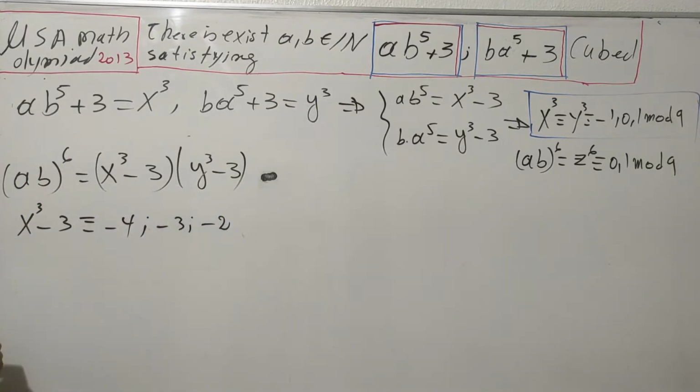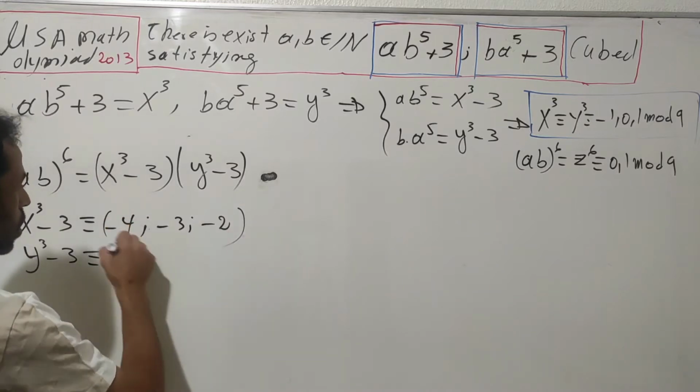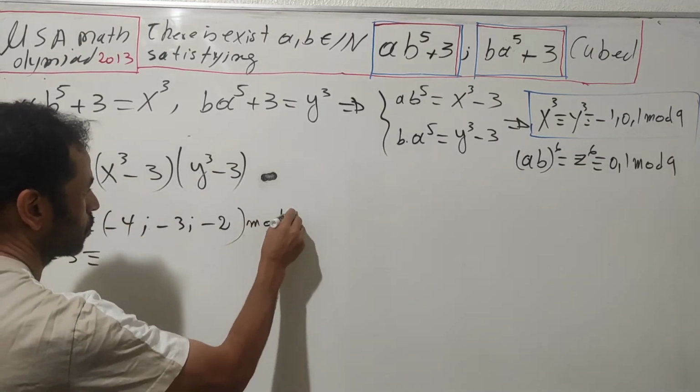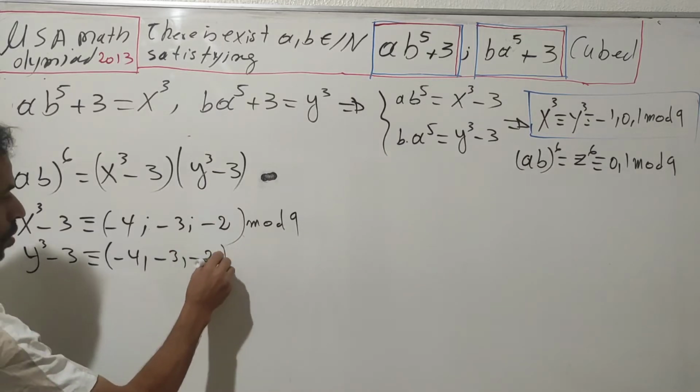Similarly for the next portion, y cubed minus 3 is congruent to the same thing, mod 9, because we have a symmetry here.